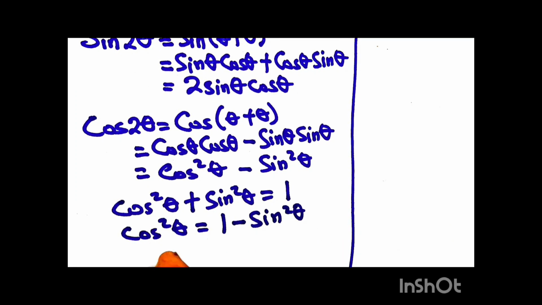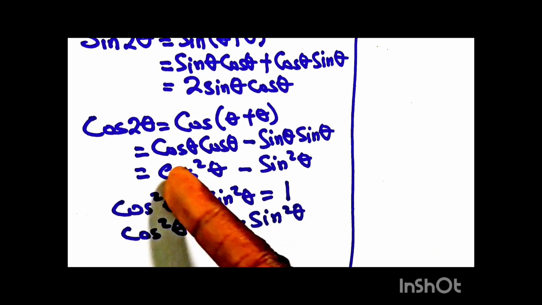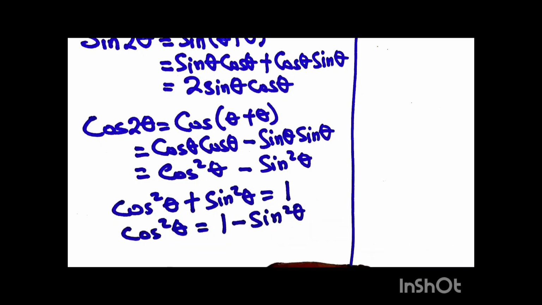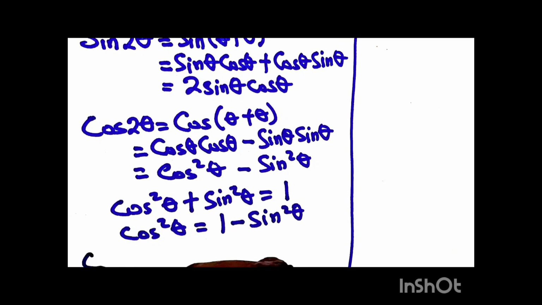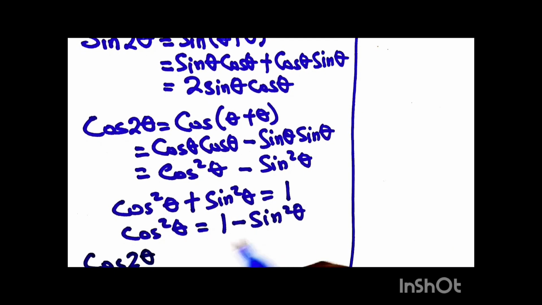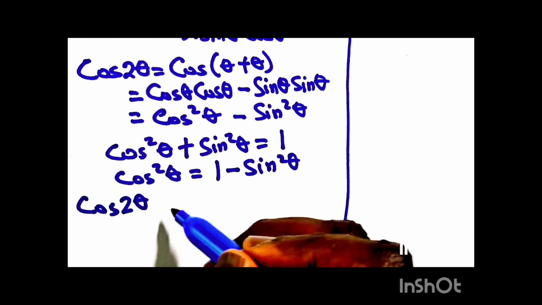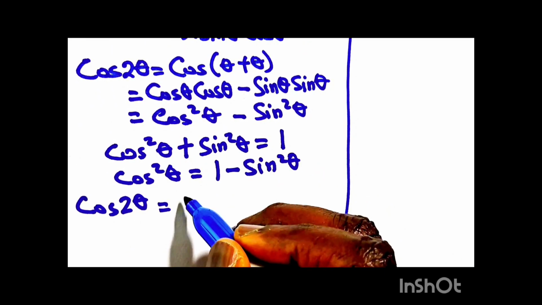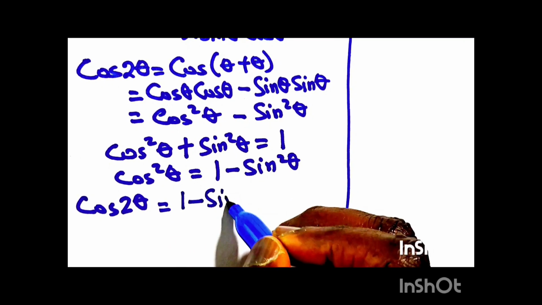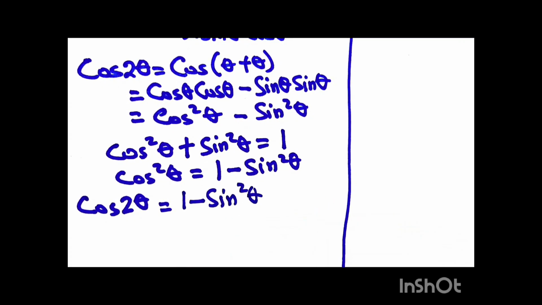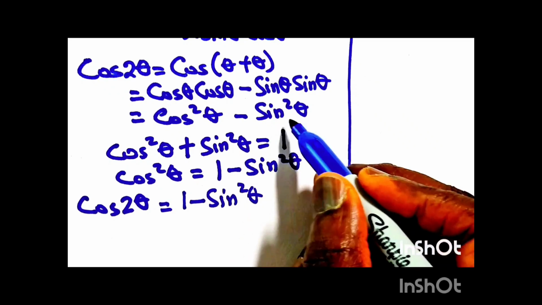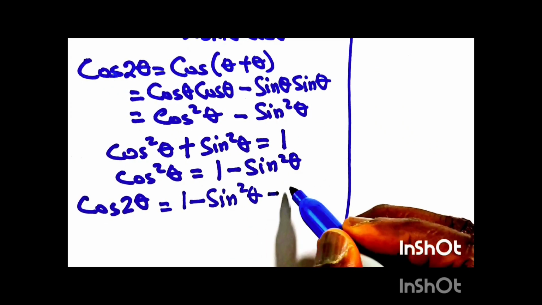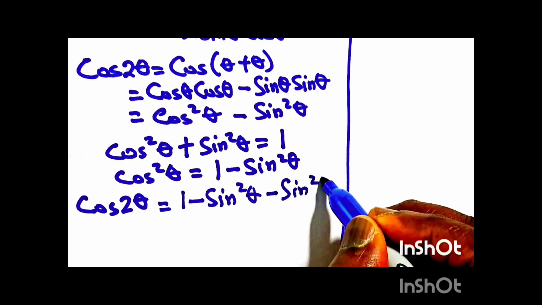I can then represent my cos squared theta as 1 minus sine squared theta. That means for cos 2 theta, instead of writing cos squared theta, I'm going to write 1 minus sine squared theta, and already I have minus sine squared theta here.